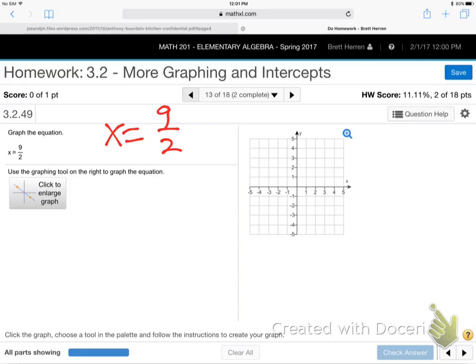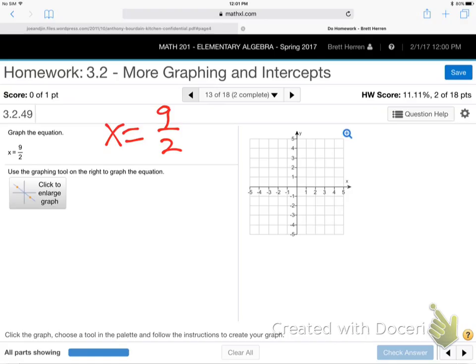All right, so what should I do, guys? What do you do with x equals 9 halves? The mistake I see people make a lot is they look at that and think, okay, that's up 9 over 2, rise over run. It's not, because that's not a slope. Don't think any fraction is a slope.